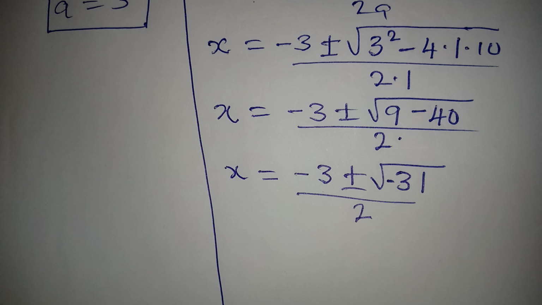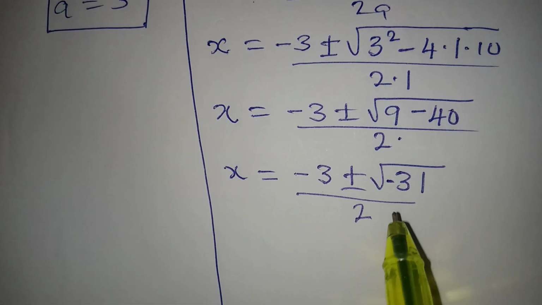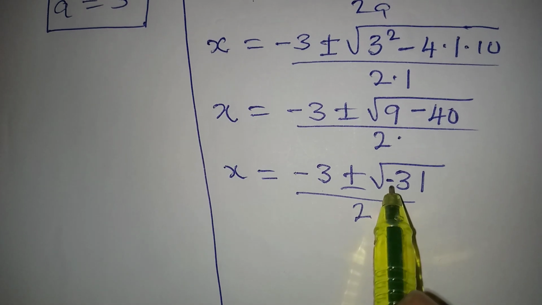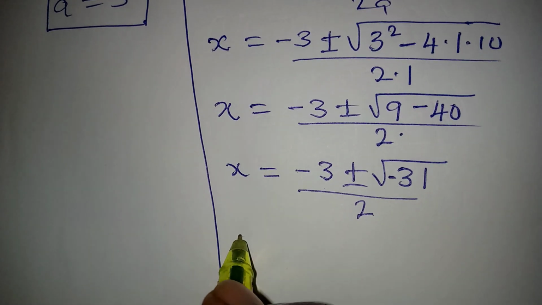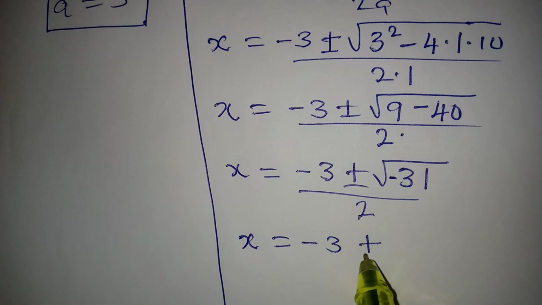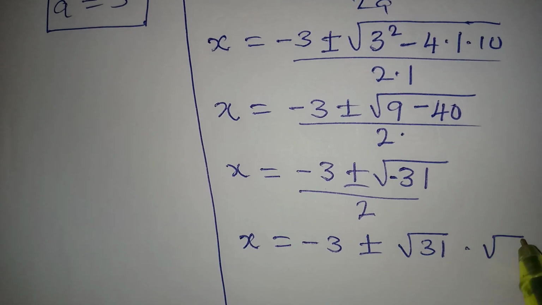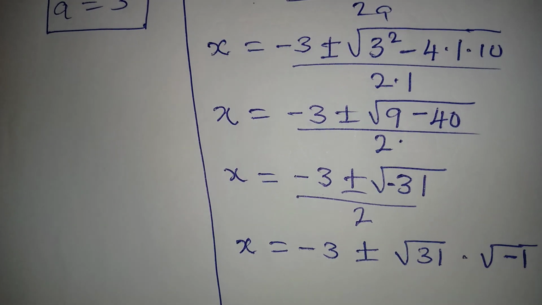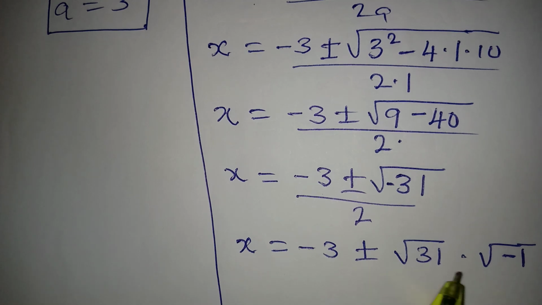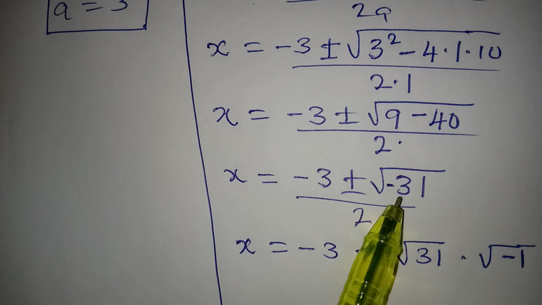But remember that we cannot find the square root of negative 31. So what we'll do is I can just take out the negative this way. X is equal to minus 3 plus or minus square root of 31 multiplied by square root of negative 1. Okay, if you multiply this and this, you're going to have negative 31.